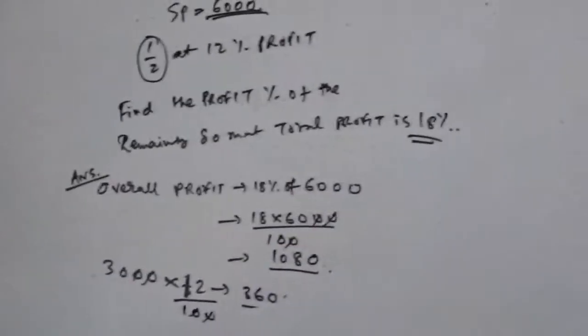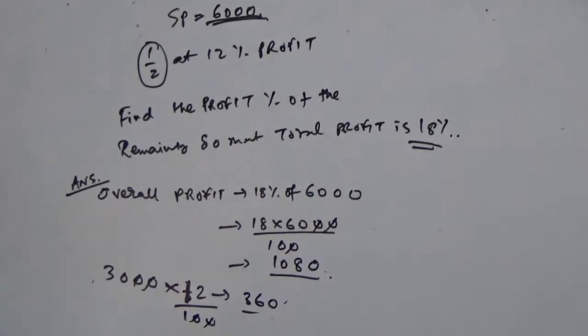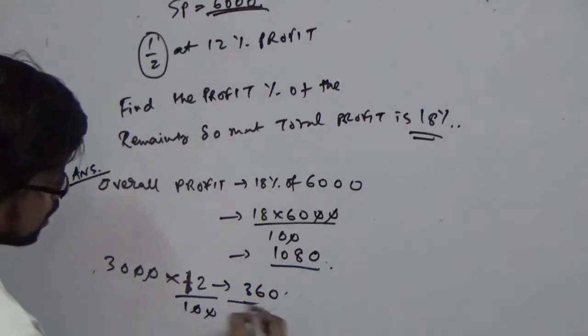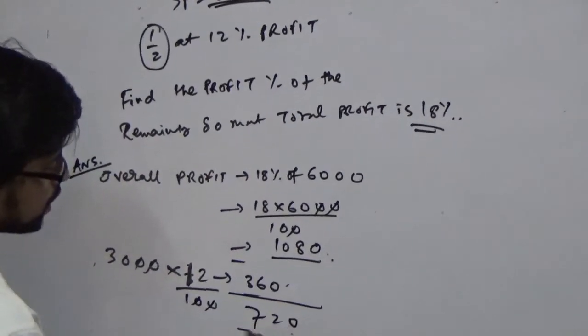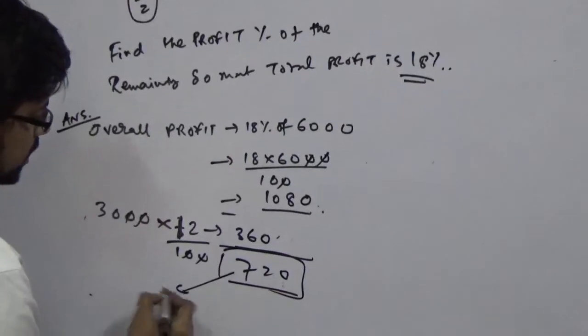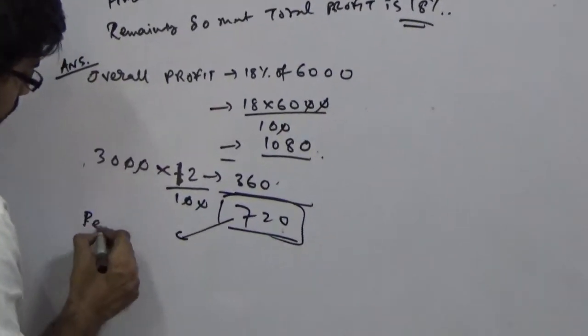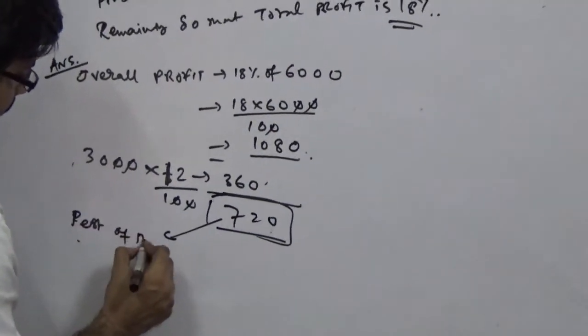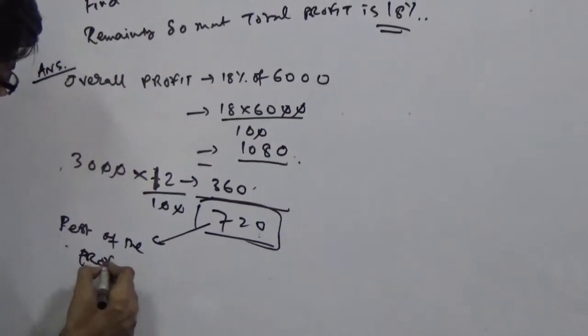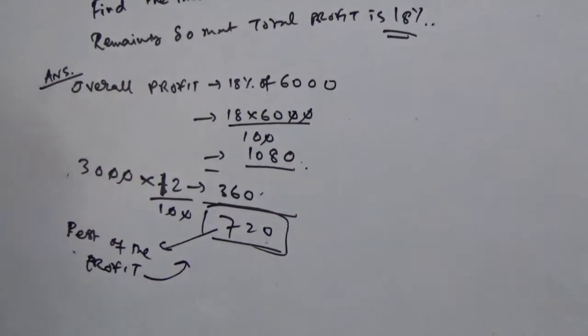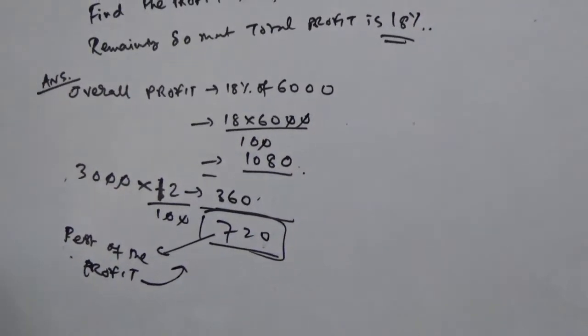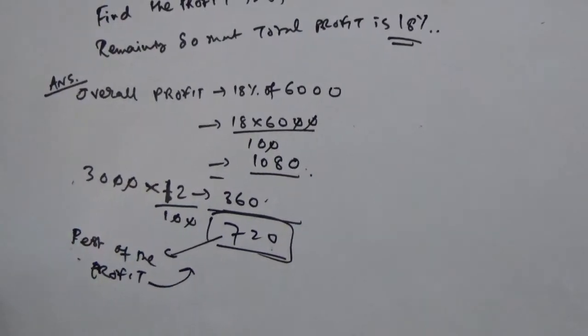So what is his target? To make the rest of the profit. If you subtract it, this will give you 720. This is more profit he needs. Rest of the profit is 720 rupees. Now, the profit percentage will be what?